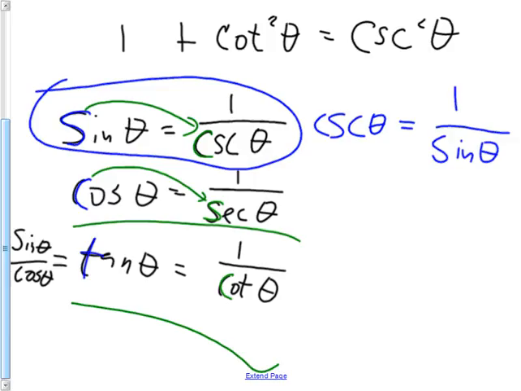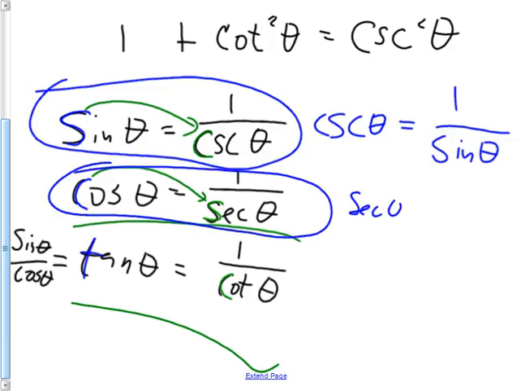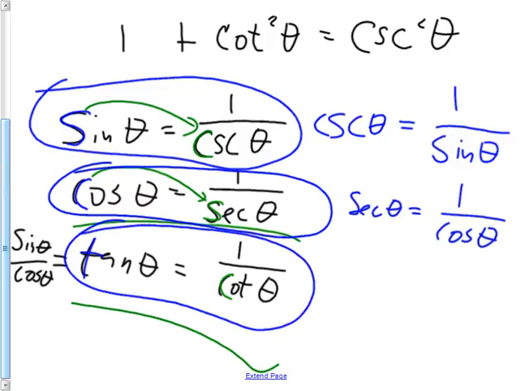And if cosine is 1 over secant, what is secant? One over cosine. Maybe you should write these, if they're not flowing for you super easily. If tangent is 1 over cotangent, then what's cotangent? 1 over tangent.